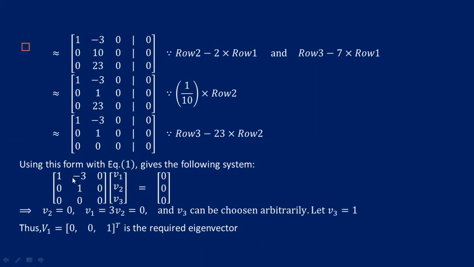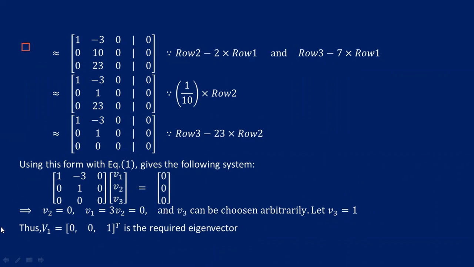Here we have v1 minus v2 is equal to 0, and v2 is equal to 0, so v1 is equal to 0. We are left with v3. As we said v3 is arbitrary, so let's choose v3 is equal to 1.